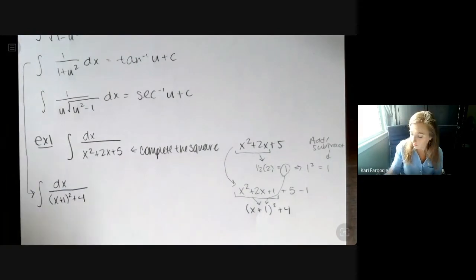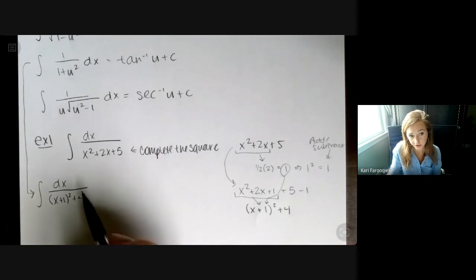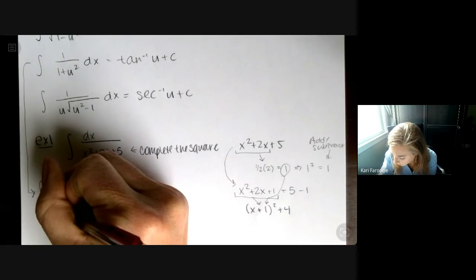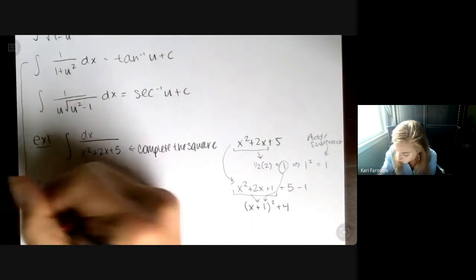where you have a constant in the numerator and your denominator is u squared plus a squared. Now, it's not a 1. We're going to make this into a 1 so that we can exactly fit the form. But we are going to let this whole term here be u squared.